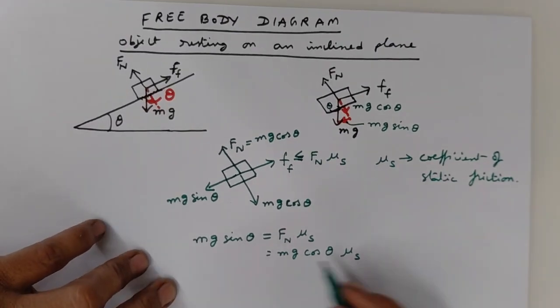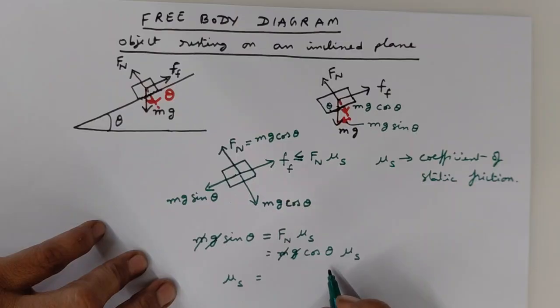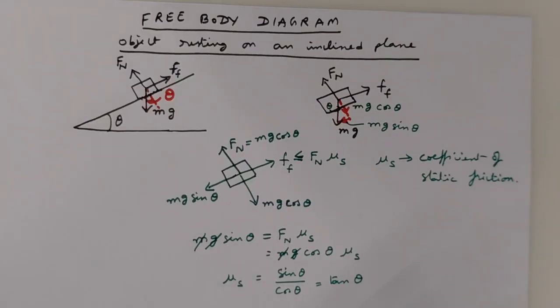From here, m gets cancelled, g also gets cancelled, and mu s is equal to sin theta by cos theta, which is equal to tan theta, right?